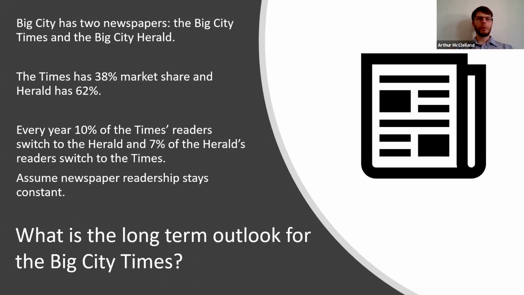If we assume newspaper readership stays constant, what is the long-term outlook for the Big City Times? It's a really silly problem, but I chose this so we don't worry about the physics and we just focus on the math for a moment.